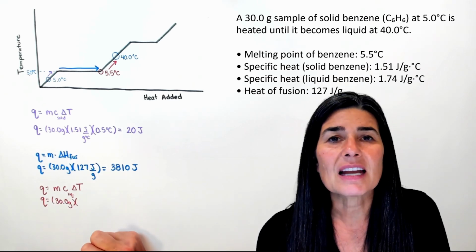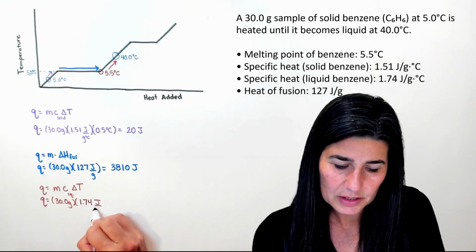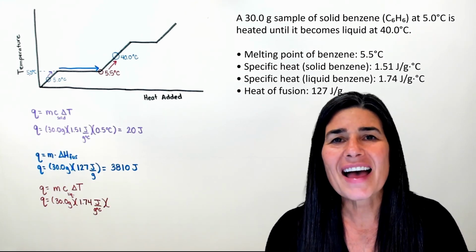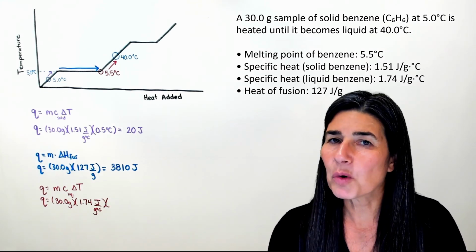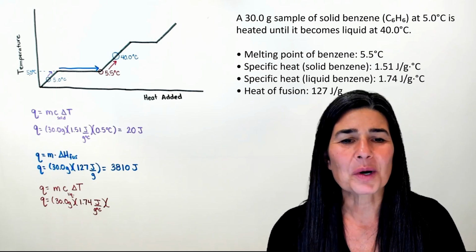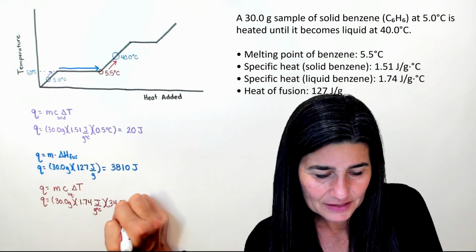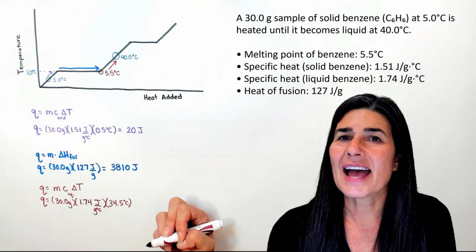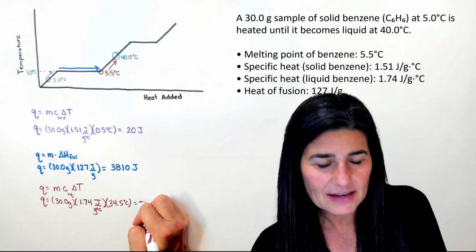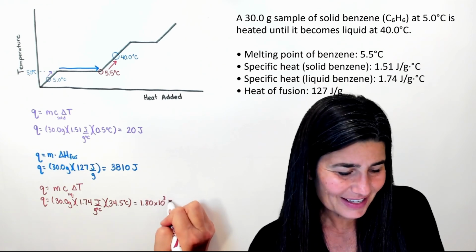The specific heat of our liquid benzene was 1.74 joules per gram degrees C. And now our temperature change. To go from 5.5 all the way to 40, well, that's just under 35. It's 34.5 degrees Celsius. Now if we multiply those out and keep 3 significant digits, we get 1.80 times 10 to the third joules.